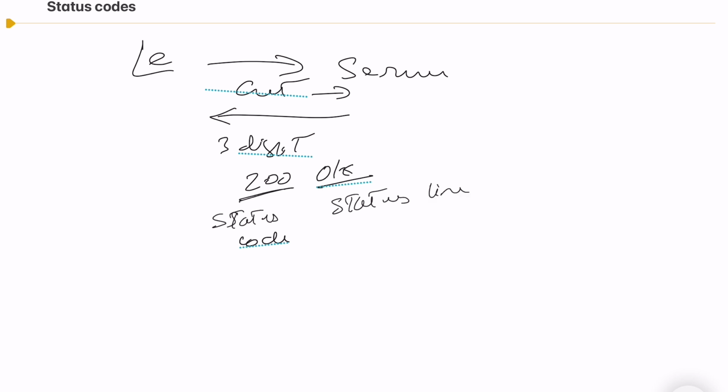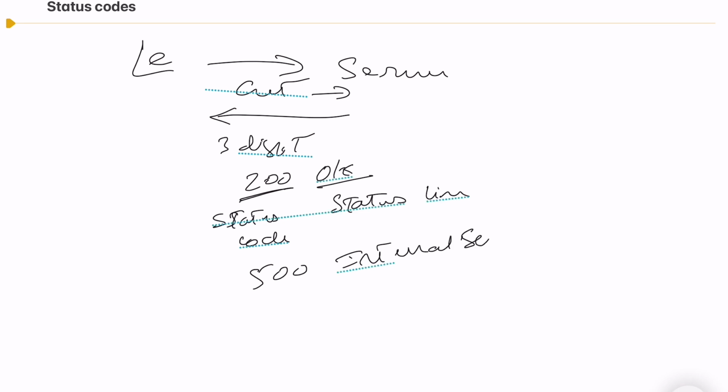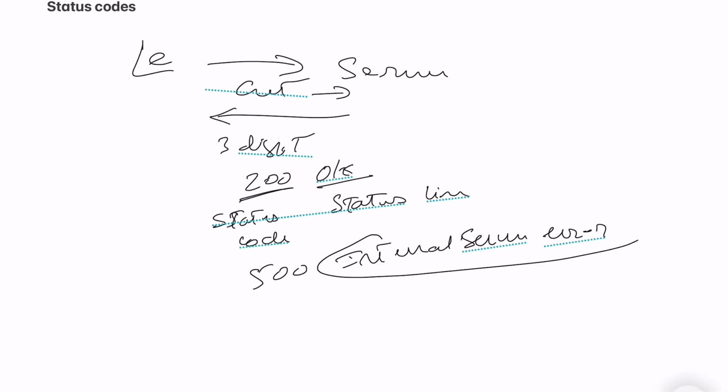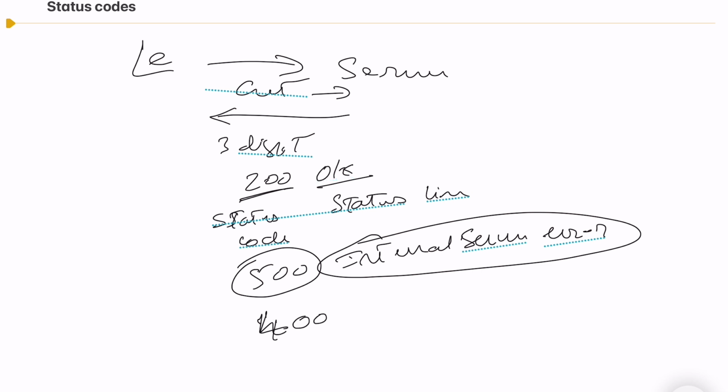So for example, if you get something like this, 500 internal server error, this part is the status line, this part is the status code. You may get something like 400, if I'm not wrong, maybe bad request. That means the server is expecting something and it is getting something else, so it's responding that it's a bad request.